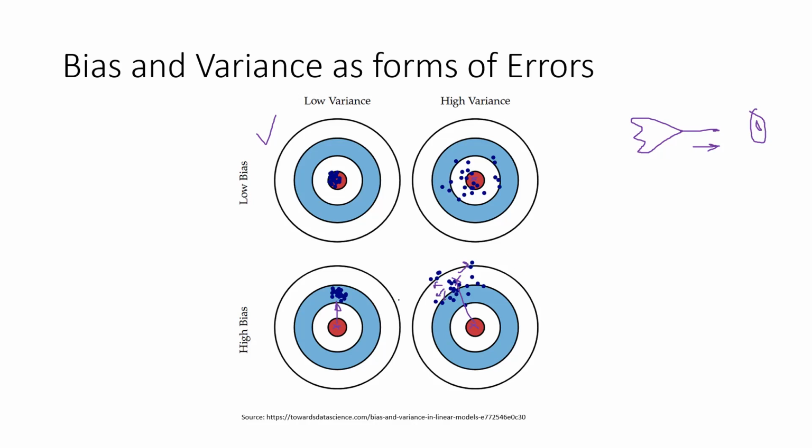This is the problem with high variance and high bias. This is another interpretation to help you understand bias and variance.